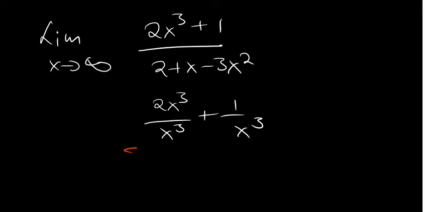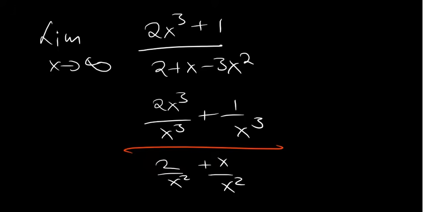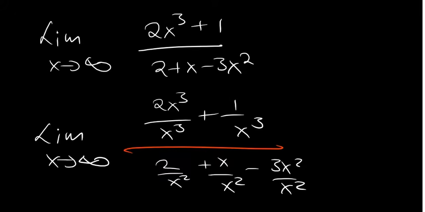We'll do the same for the denominator. We'll divide by x to the power 2, which is the highest power. So 2 over x squared plus x over x squared minus 3x squared over x squared. I already explained that whenever the denominator is heavier than the numerator, that is equal to 0.